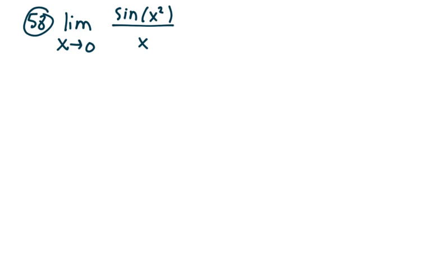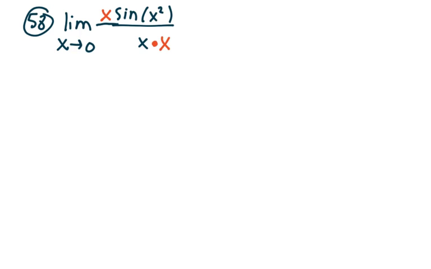Now, just like before, you want the argument of the sine, which is x squared, to match what's in the denominator. And it doesn't yet. And so to accomplish that goal, I'm going to multiply the denominator by x. But I can't just do that. And so I have to multiply the numerator by x. So I'm going to do that.